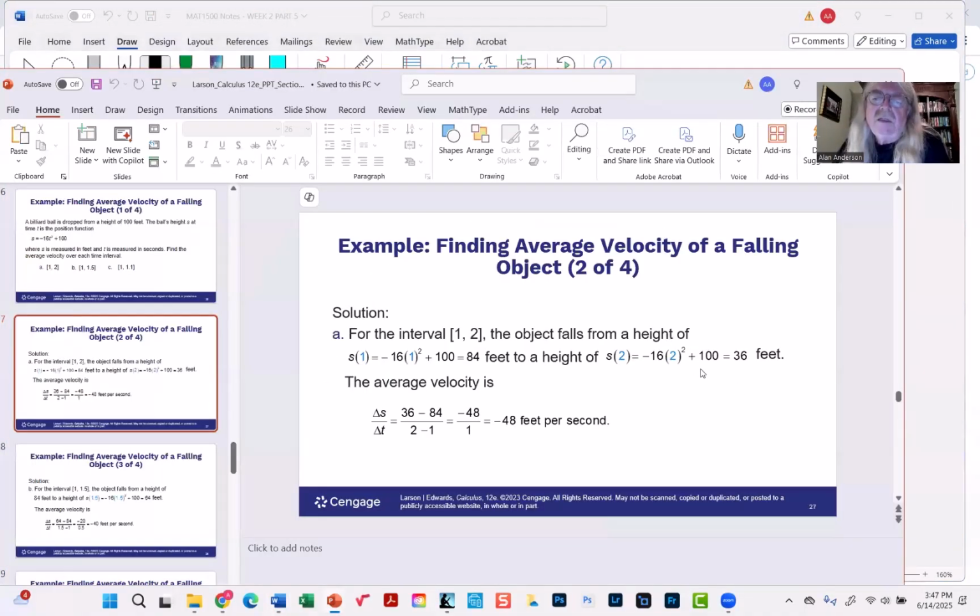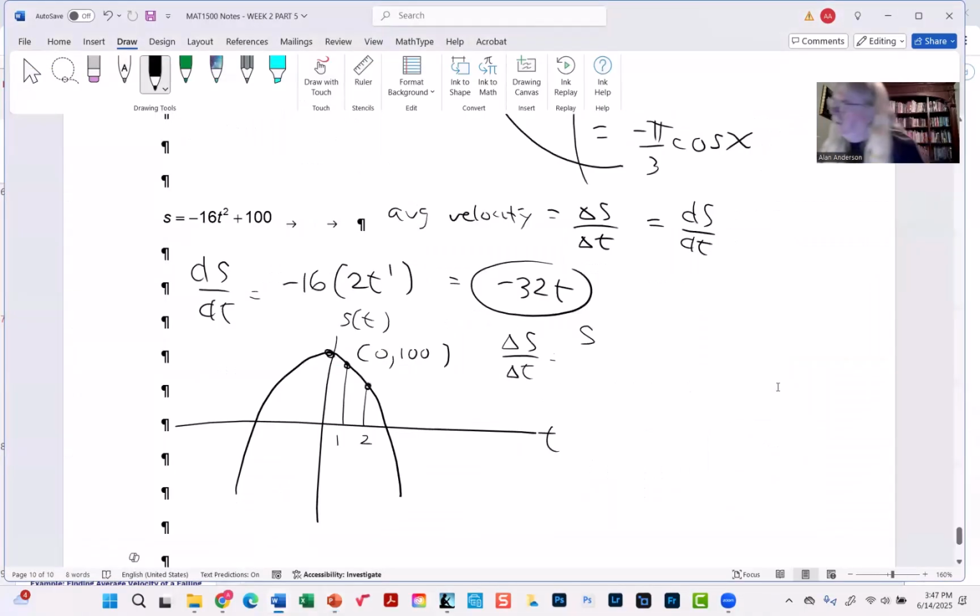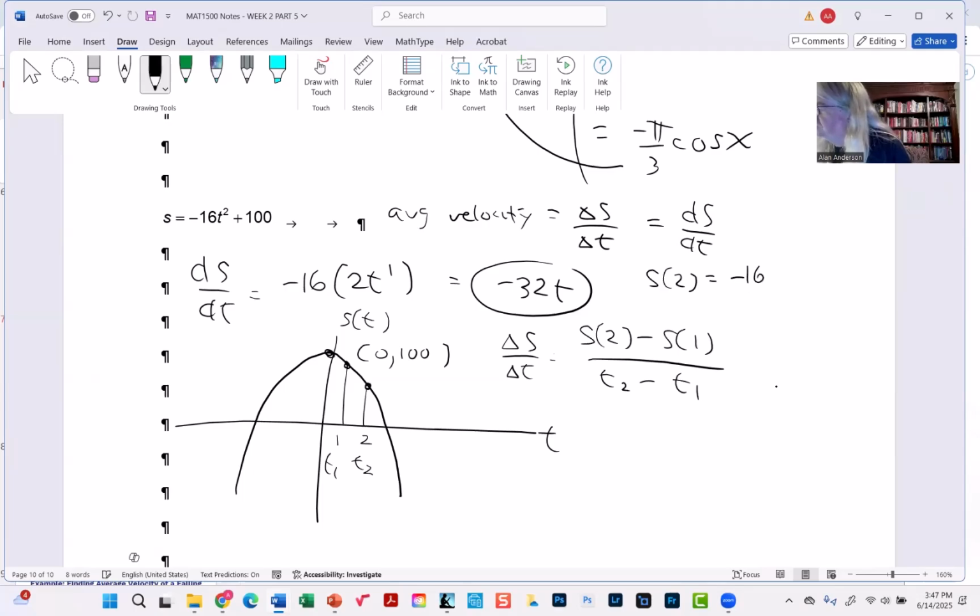And we can think this is T1 and T2. So S of 2 means 36, S of 1, 84.